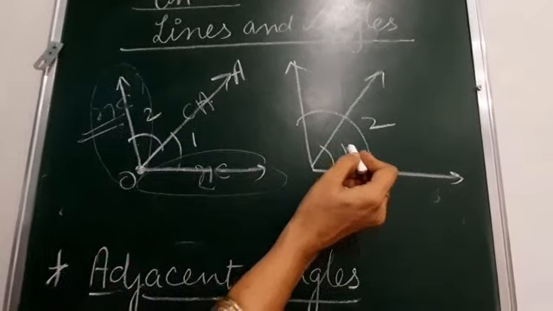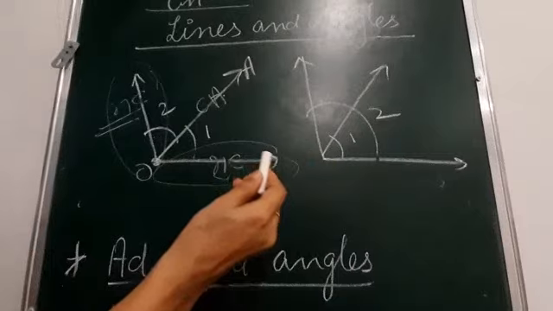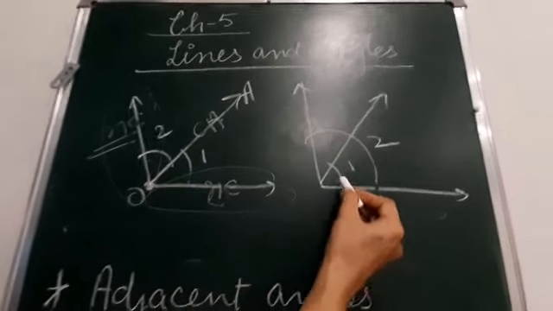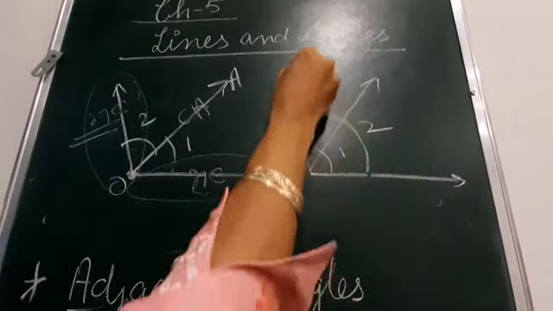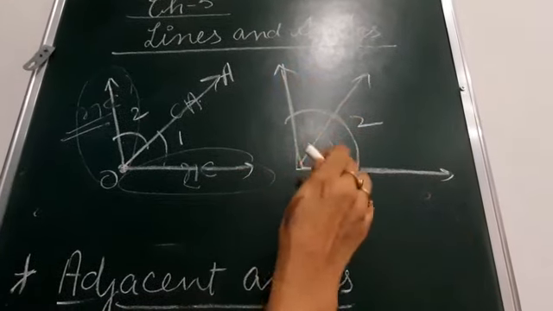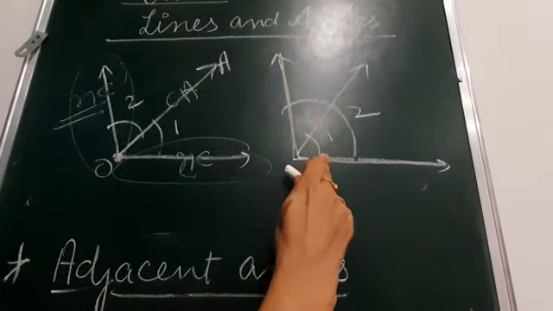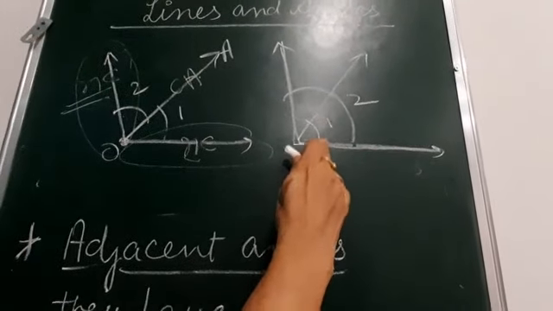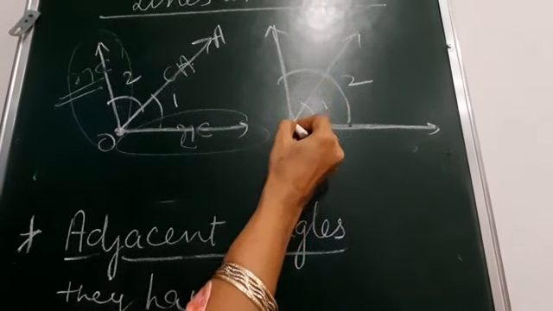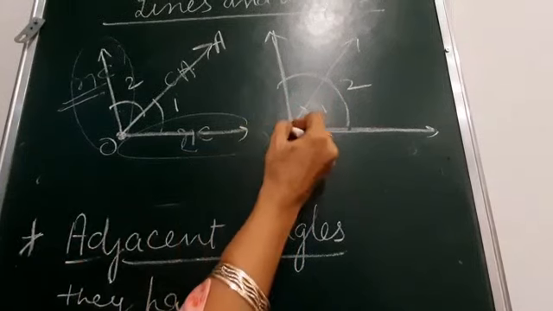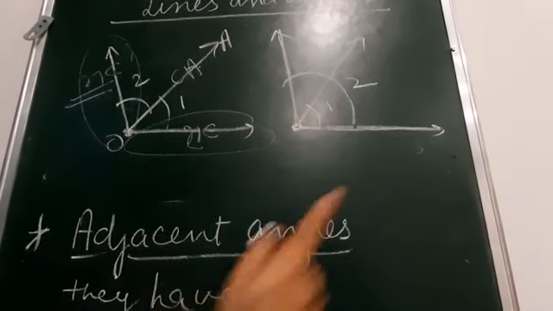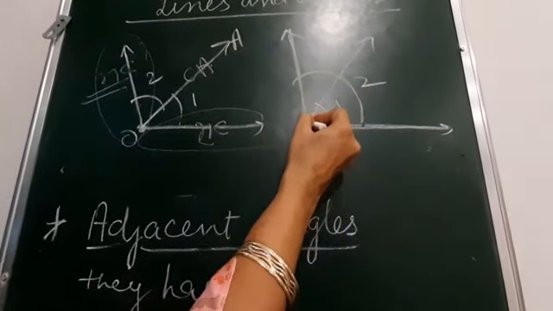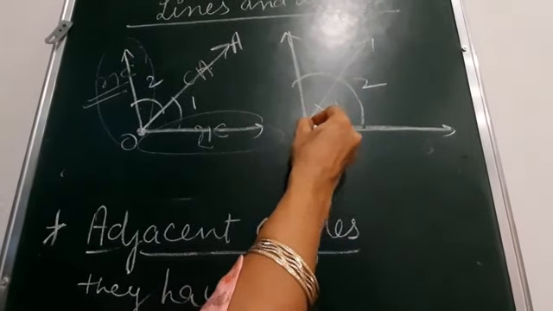And one more example I am telling you. Here angle 1 is this one and this is angle 2. Now these two angles are not adjacent. The reason: both angles have a common vertex. The first condition is applied here, that both the angles have a common vertex.